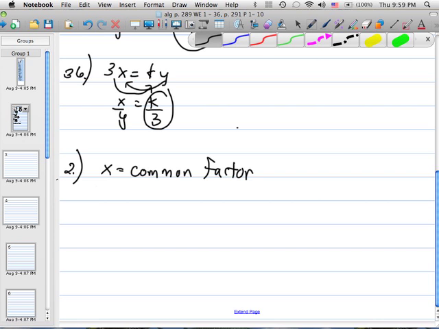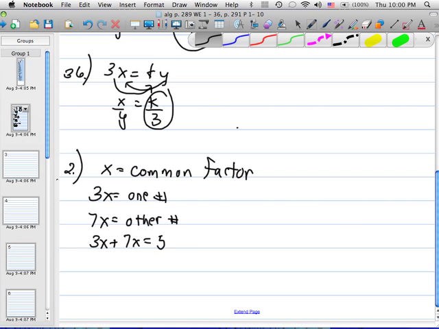So 3x equals one number, and 7x equals the other number. Together their sum, 3x plus 7x, has to equal 50. So that's 10x equals 50. Divide by 10. So the common ratio is 5.